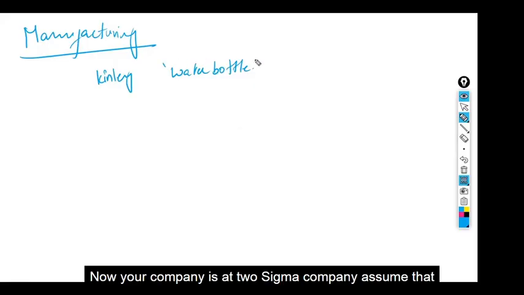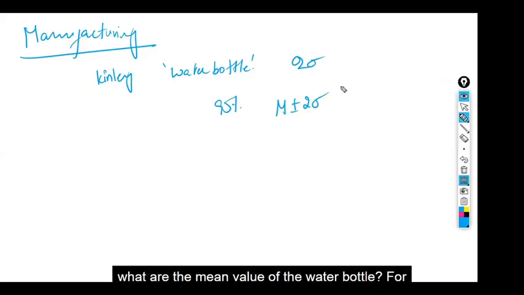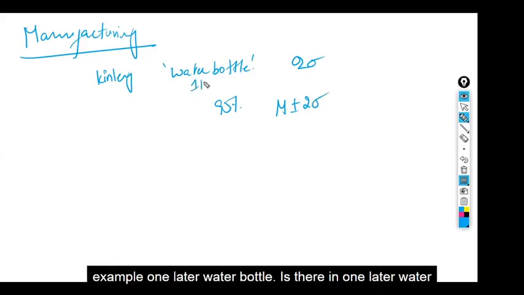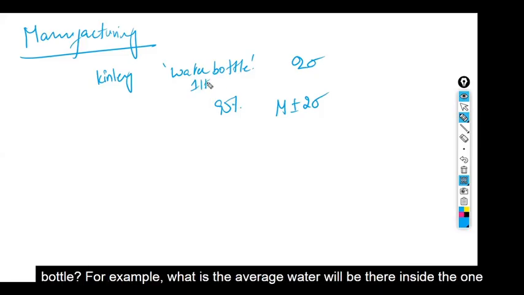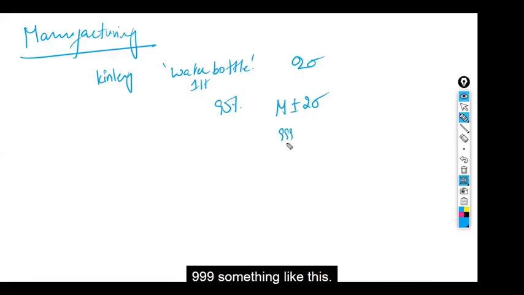Now, assume that you are a 2 sigma company. A 2 sigma company means 95% of the data will lie between plus or minus 2 sigma only. For example, take a 1 liter water bottle. What is the average water inside it? It is approximately, for example, 999 ml, plus or minus some standard deviation.